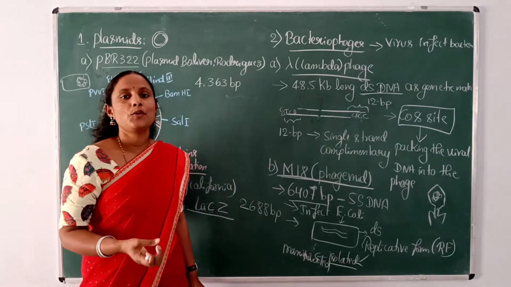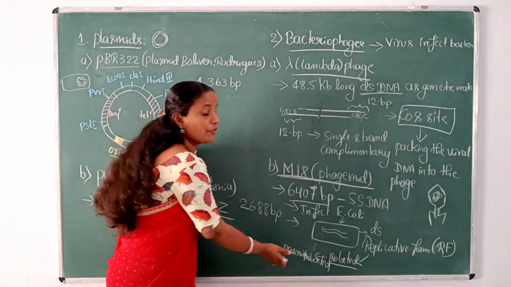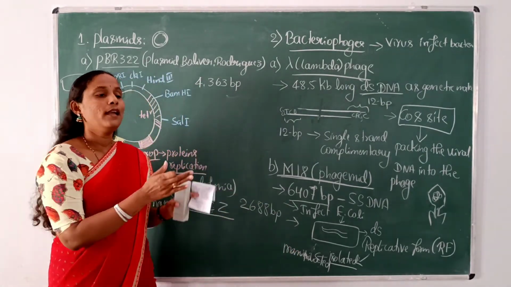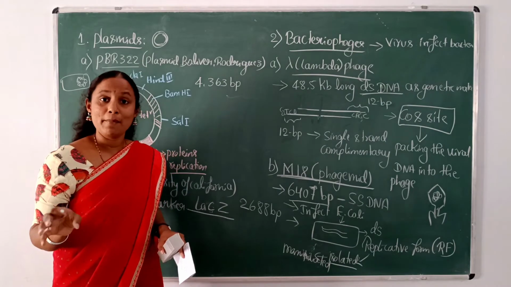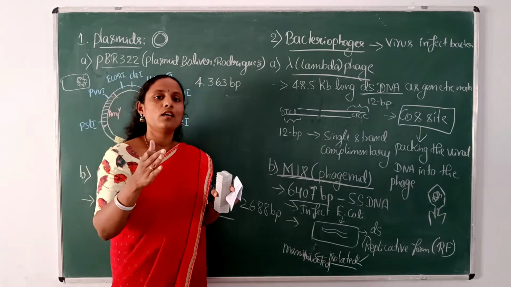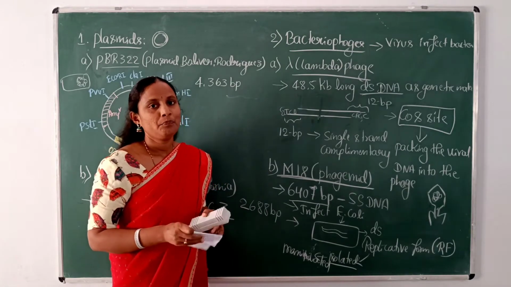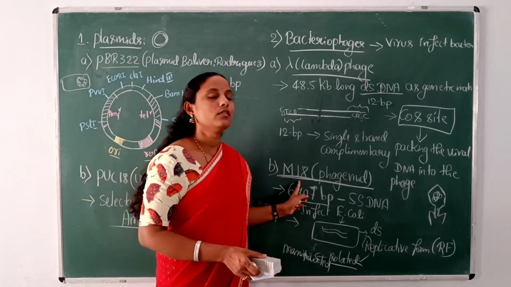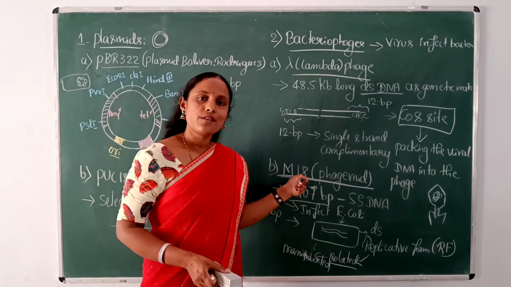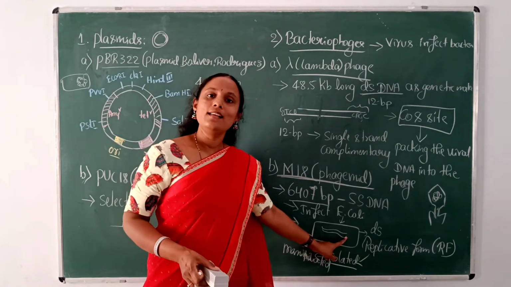It is also possible to isolate the single strand from here, and it is popularly used in gene mapping or knowing the sequence of any genetic material. And it is also possible to clone the DNA of our interest into the bacterial cells.